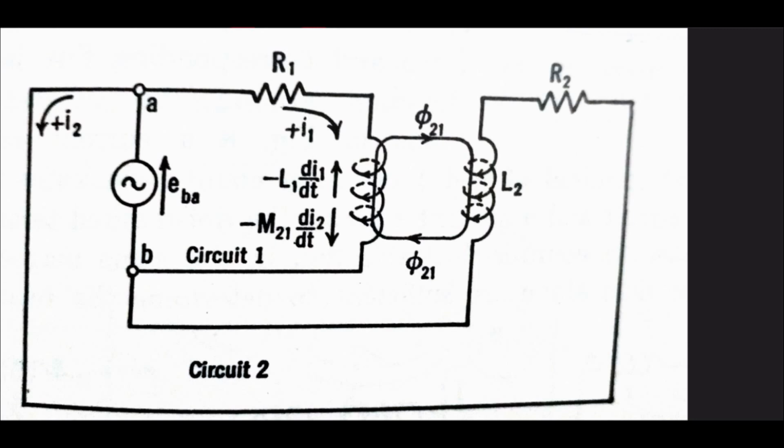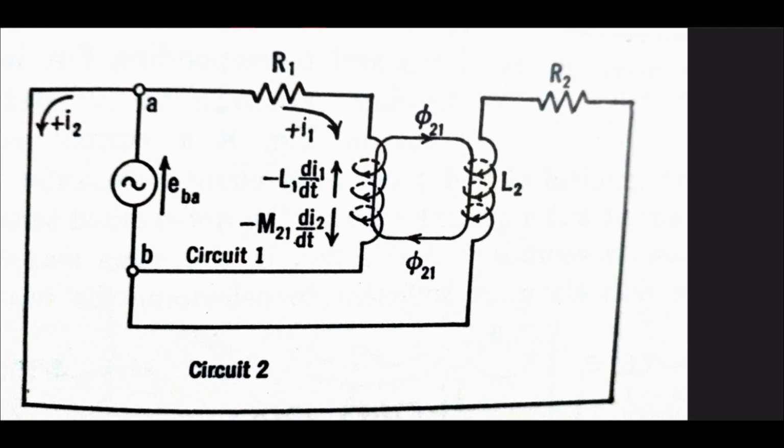Sometimes there are a few thumb rules you can follow, but it won't cause any harm if you assign any arbitrary direction. But once you tag one type of current, like if you tag the current flowing away from a node as positive, then you have to tag all other currents flowing away from any node as positive.